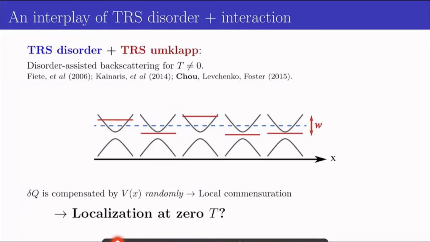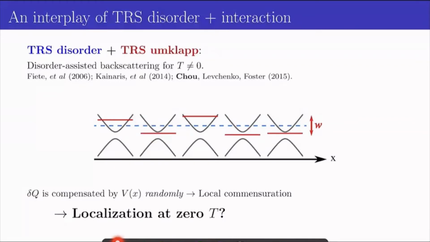However, when we consider disorder fluctuation, there will be some regions that show local commensuration, even though the commensuration is not satisfied on average or globally. And when this region satisfies the commensuration, backscattering will happen.